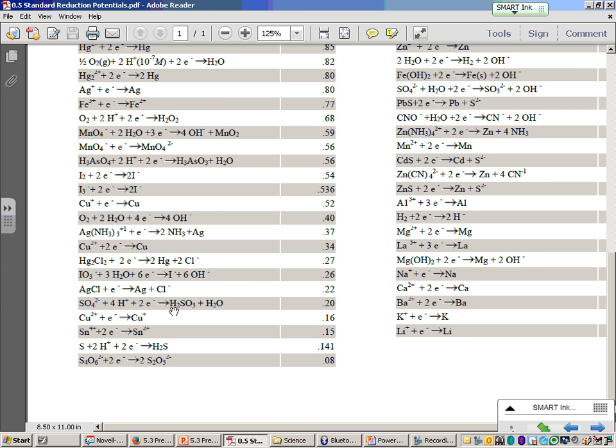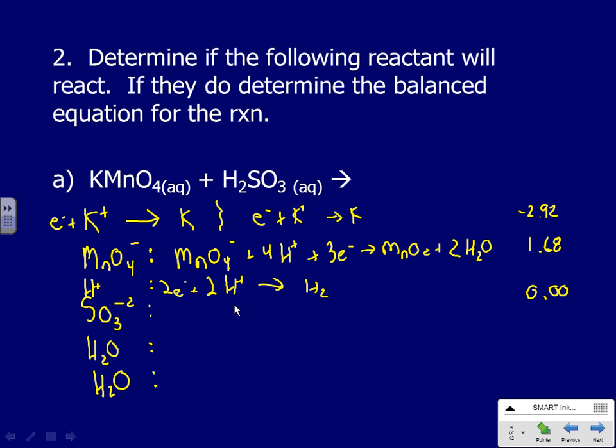Look, I've got something that actually contains H2SO3. You see what I mean? It actually contains the H2SO3, and we can use that. That's one of our reactants. So what we choose here needs to be determined by whether we're in an acidic or a basic solution. I should have stated that before. What would you like this to be? Let's do it acidic.